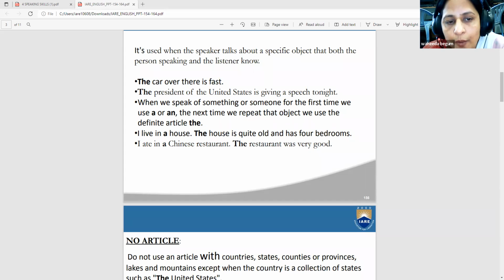When we are talking about a particular person or thing, or one already referred to earlier, proper nouns, names of certain books. Okay, fifth one, unique things of their own kind, like the sun, the moon, and the earth.